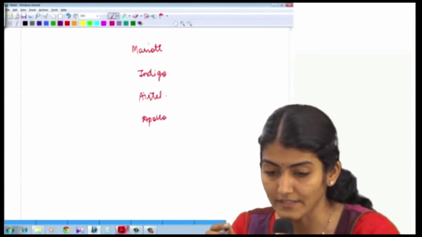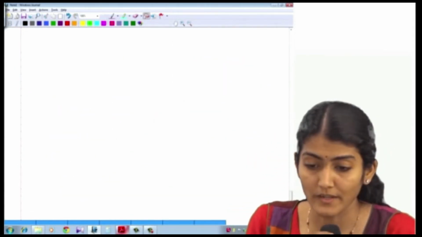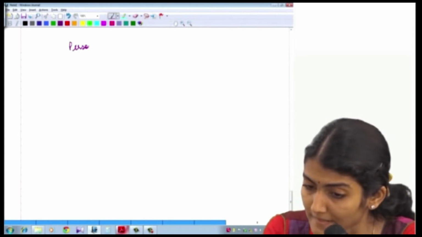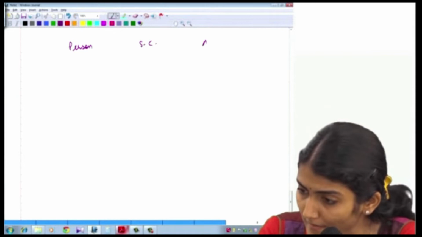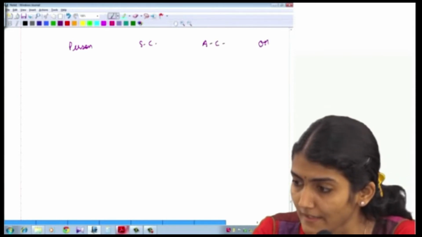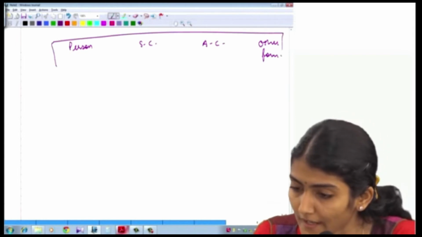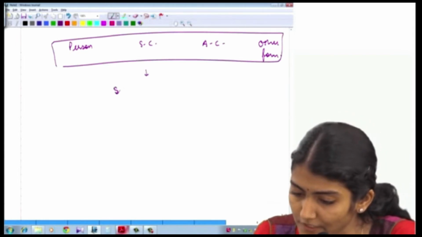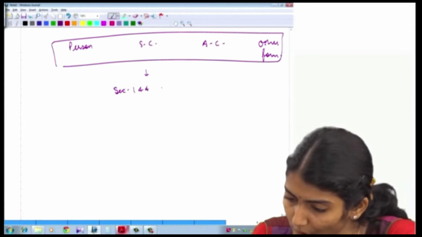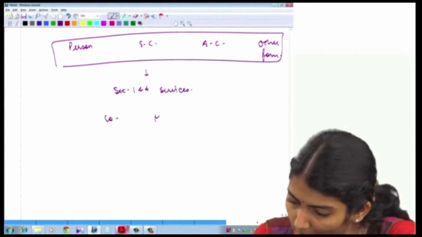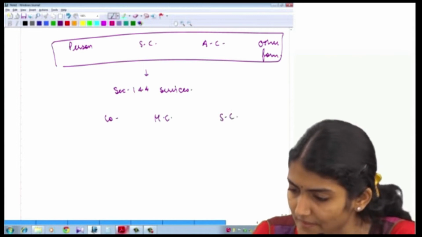Meaning, let me elaborate a little bit more. What does it say? I cannot, that is, the person, my subsidiary, my associate or my any other form of entity, all we 4, we cannot provide the section 144 services to company, holding company and subsidiary company.